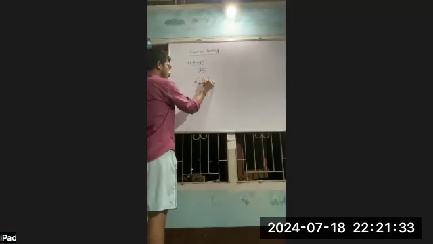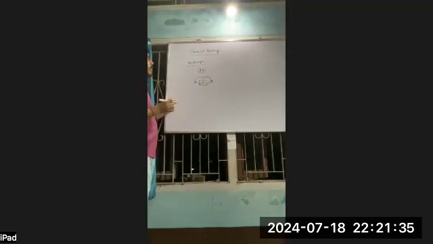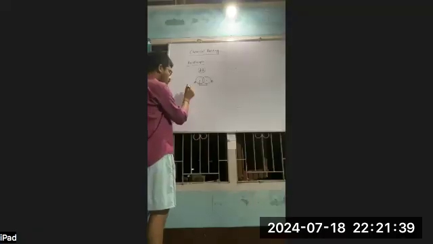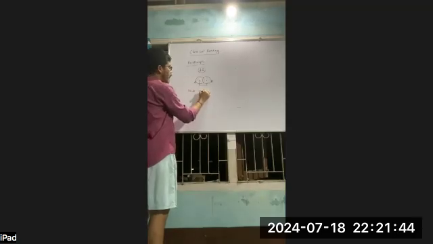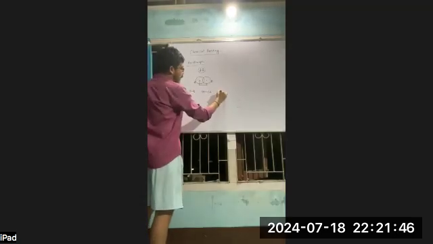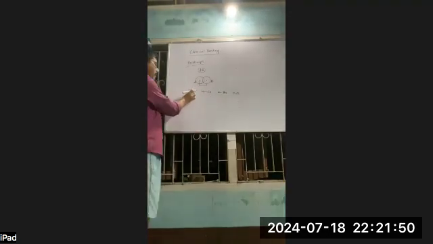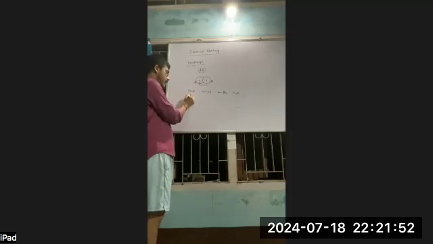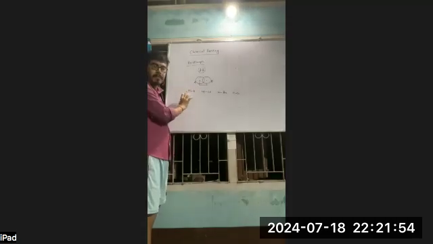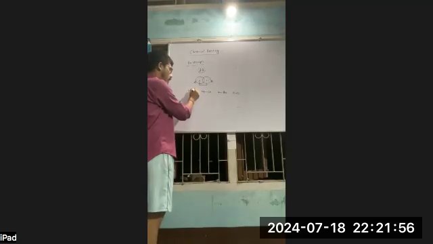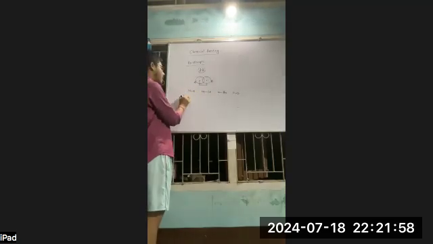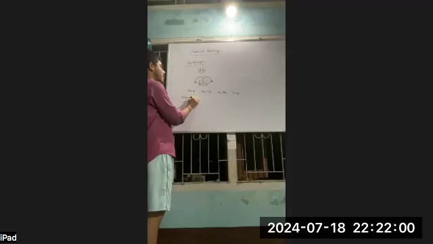ठीक है? तो यहाँ पे मतलब क्या है? If we consider the bond length of HF, HCl, HBr and HI, here one atom is the same, and fluorine is smaller than the other atoms. Size of fluorine is smaller than chlorine, than bromine, than iodine.